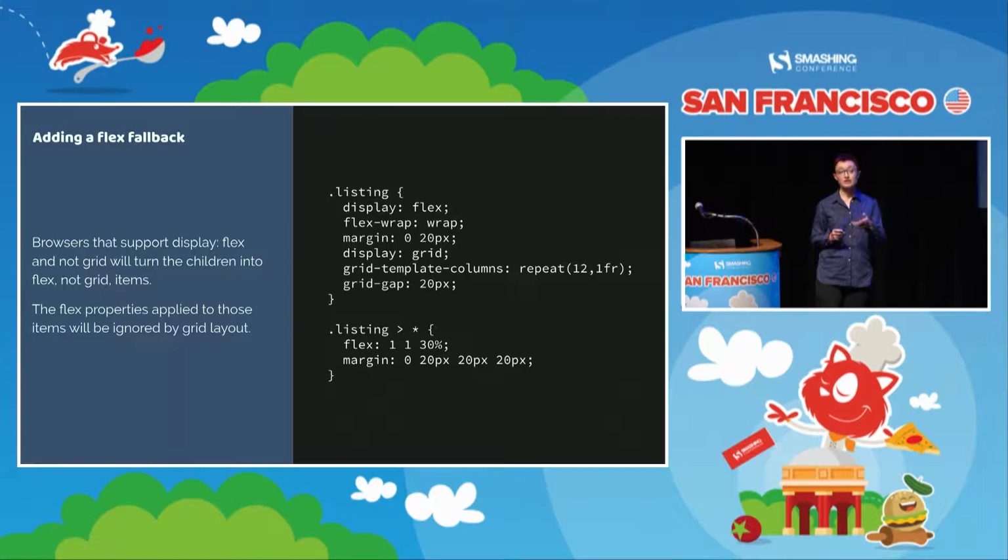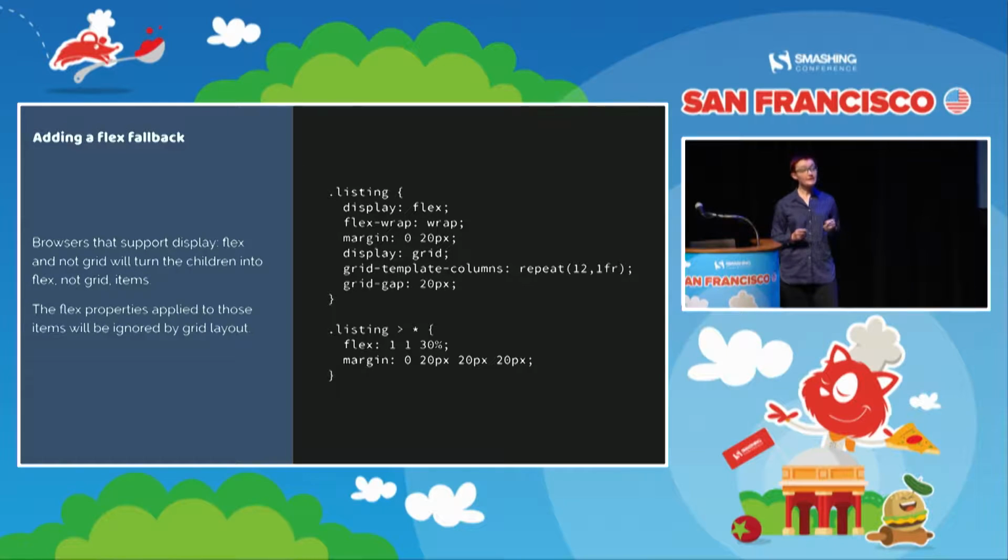I can just have the two things there in my listing. As long as they're in the right order, so that the cascade works, that's going to work absolutely fine. And then the actual flex properties I've applied to the children of listing will be ignored once it becomes a grid item. Nothing weird will happen because they're not supported by grid layout, so they're just thrown away. And that's defined in the spec.